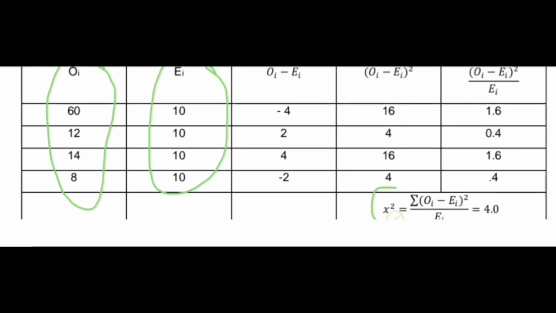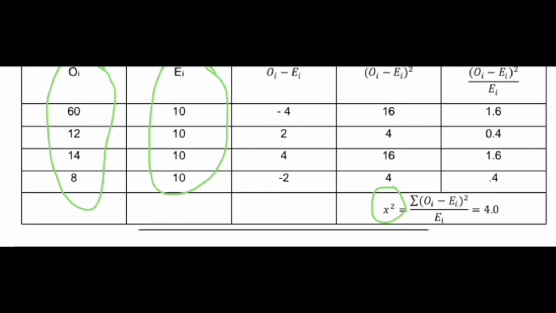In finding x squared, we have a formula where the summation of the observed frequency minus expected frequency squared all over the expected frequency.